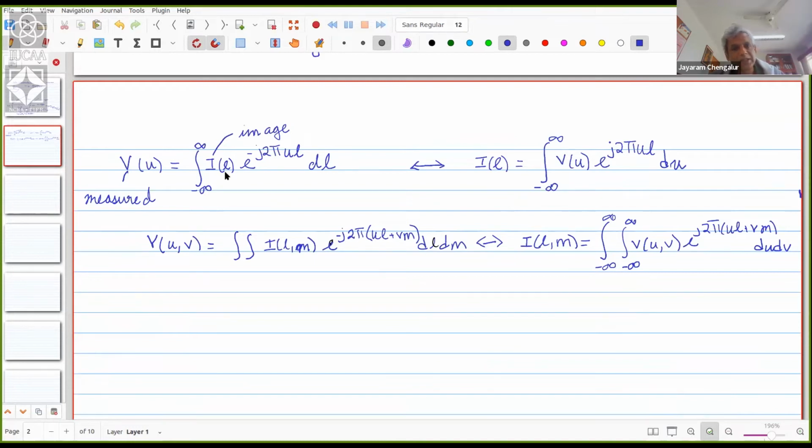Now, the point I want to make about this relationship is that supposing I of l, for example, is a sinusoidal signal with a large wavelength. Supposing that the image of my sky is quite smooth on small scales, but it's got some kind of variation on large scales. So it's an object which doesn't have much fine scale structure, but it has some large scale structure.